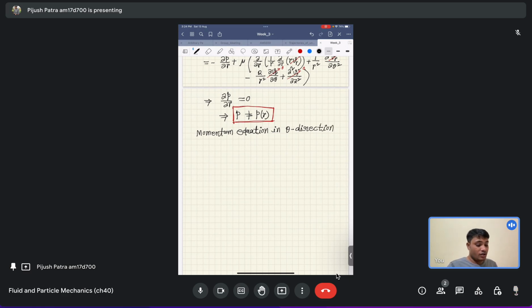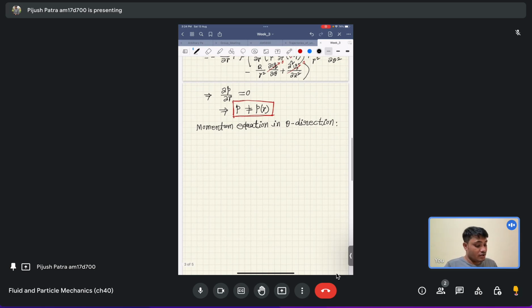Okay, so what is the momentum equation in theta direction? So the theta direction momentum equation is like this.